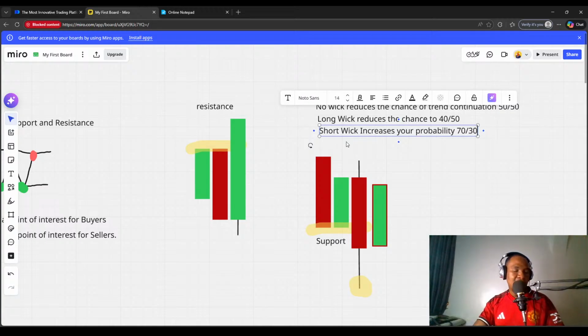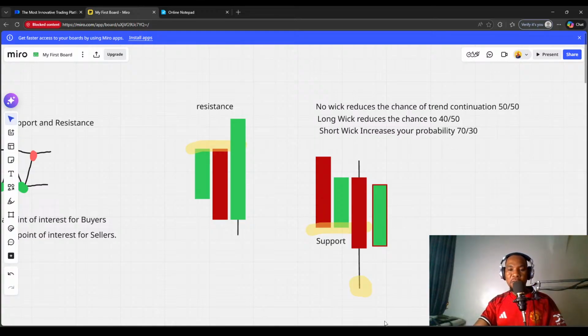That means you have a 70% chance of winning that particular trade, a 70% chance that price will continue in the direction of the breakout candle.